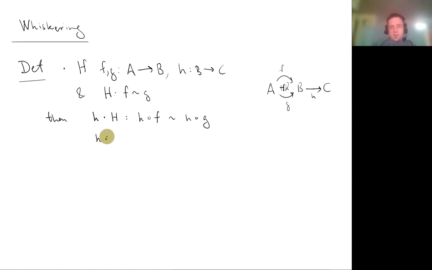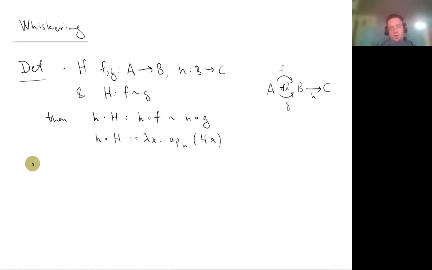And what's the definition of this homotopy? Well, for every x, so it's lambda x in A, I can take the action on paths of h on a capital H of x. So this is an identification f of x equals g of x, and then I take the action on paths of h, and then I get h of f of x equals h of g of x, which is exactly what we need for such a homotopy of the composed functions.